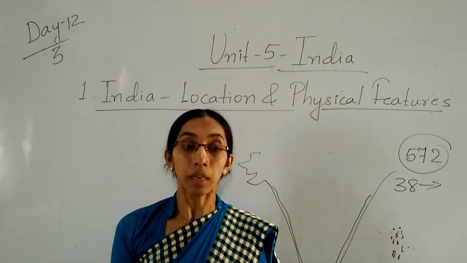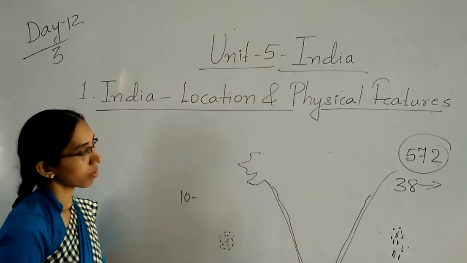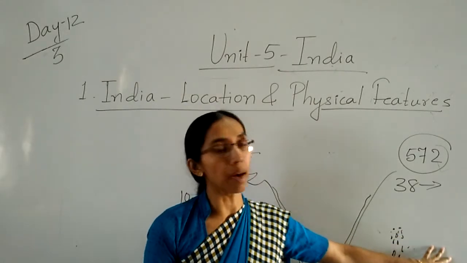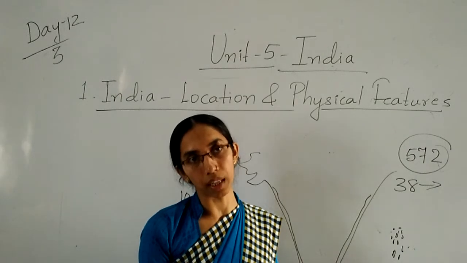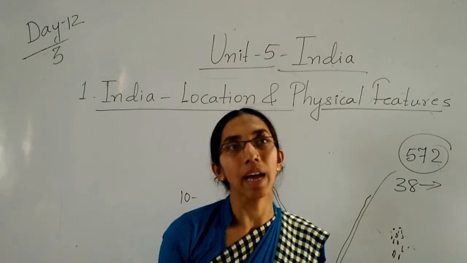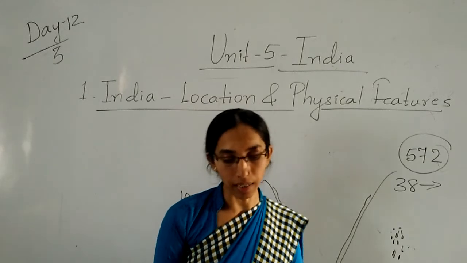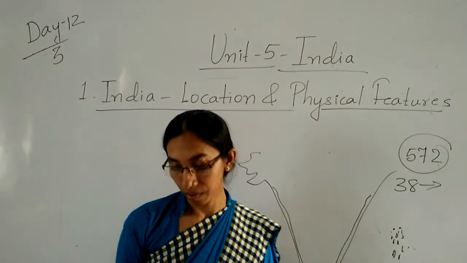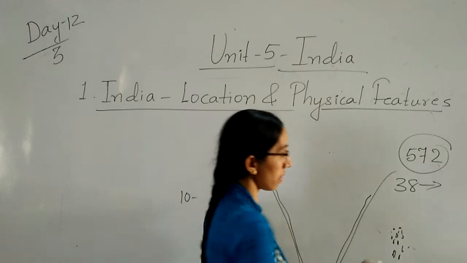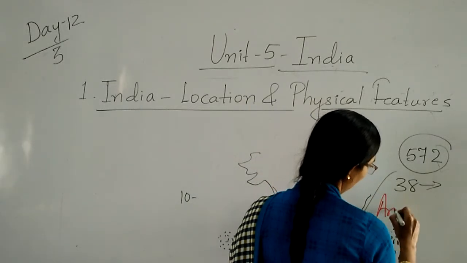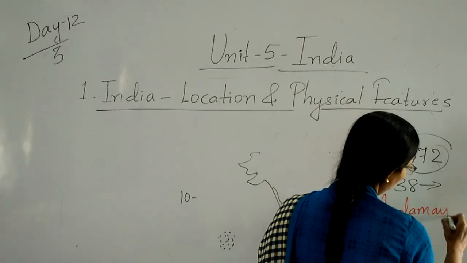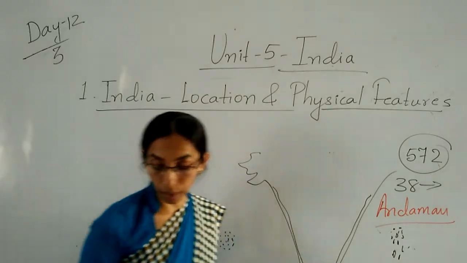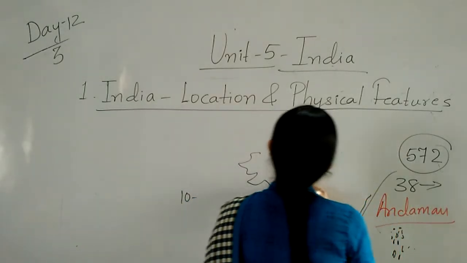The Andaman group of islands have some barren land. Barren means what? Empty islands, and those islands are actually active volcanoes. Volcanoes means what, children?